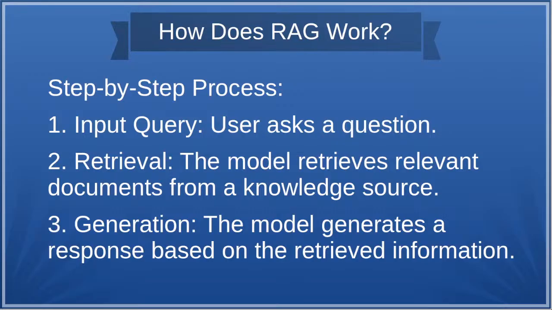I will explain in detail with the diagram next. The next process is generation. The model generates a response based on the retrieved information. For that, we just create the prompt by including the context information.